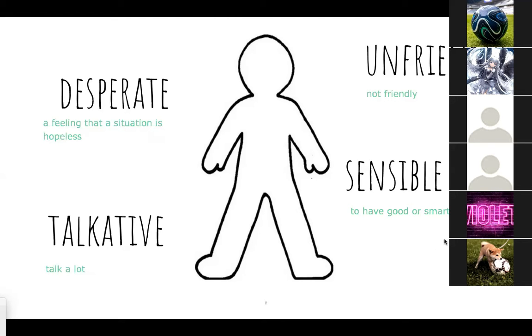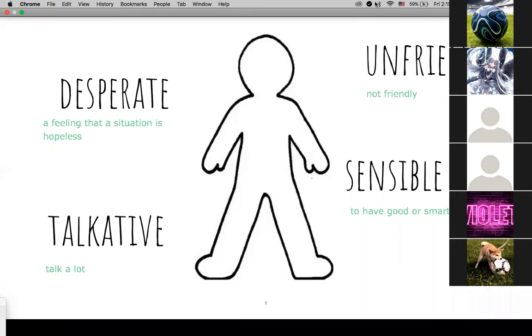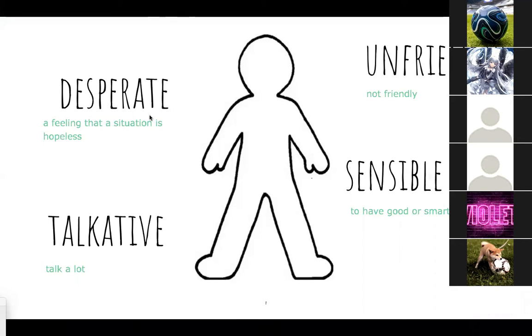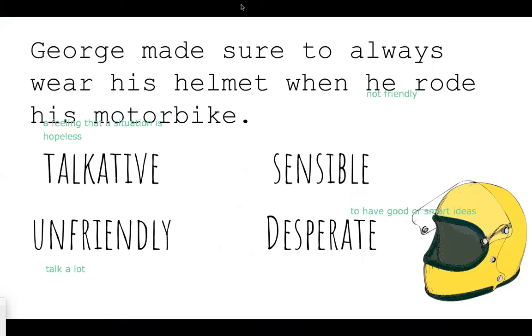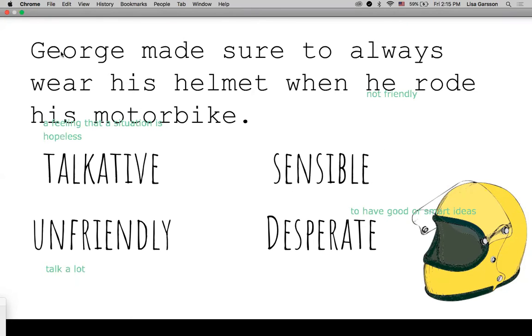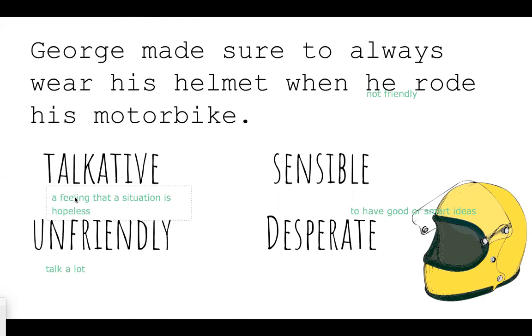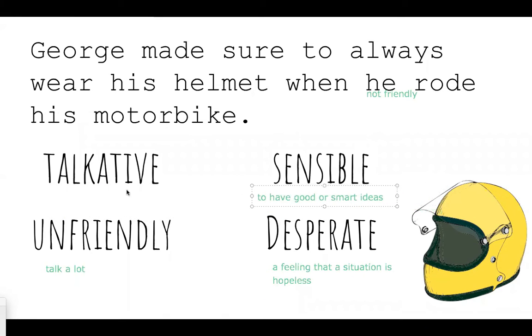Let's see if we can use these words in some sentences. George made sure to always wear his helmet when he rode his motorbike. What can we say about George? What character trait can we give George?